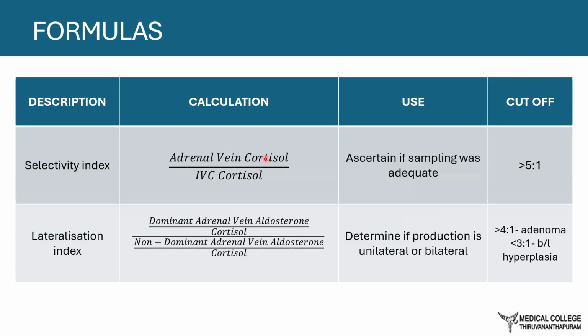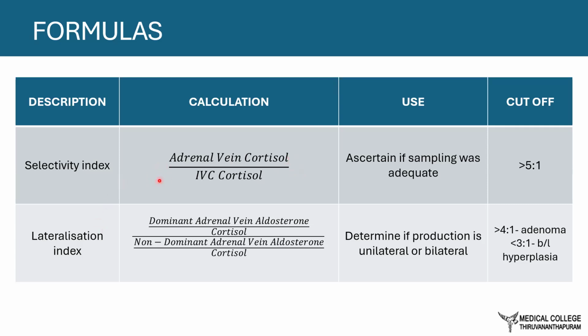Now, these results will come within about 2 or 3 hours. So if you are doing it in the morning, by afternoon you will get the results. If there is any wrong sampling, you can consider repeating this procedure the next day. Generally, you do not do it the same day.